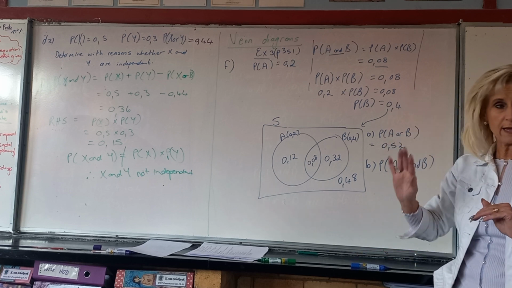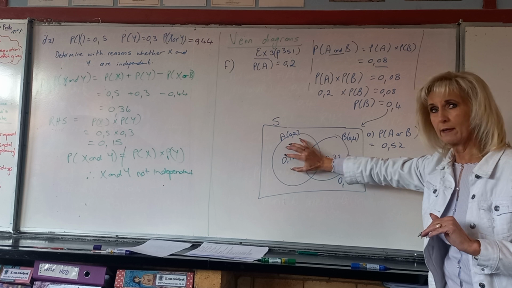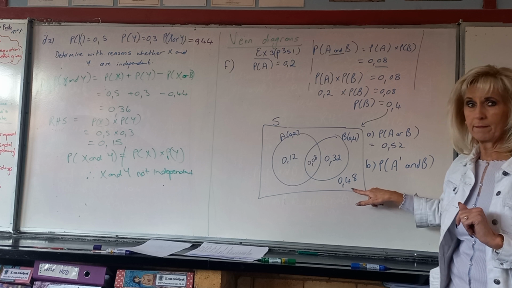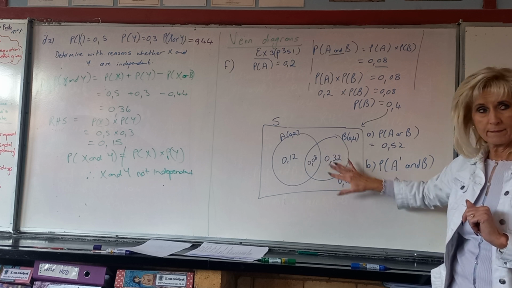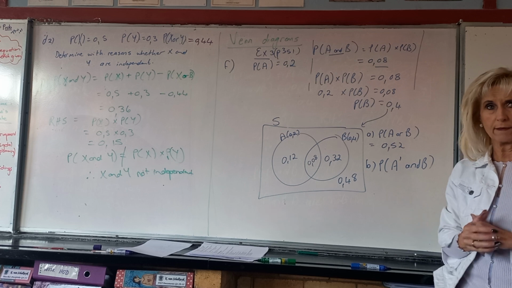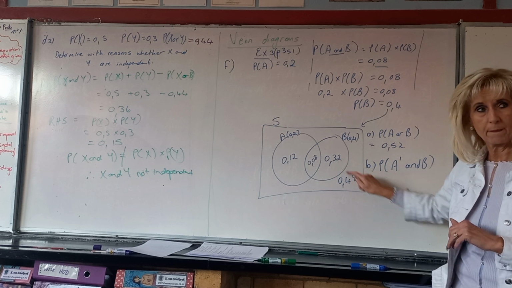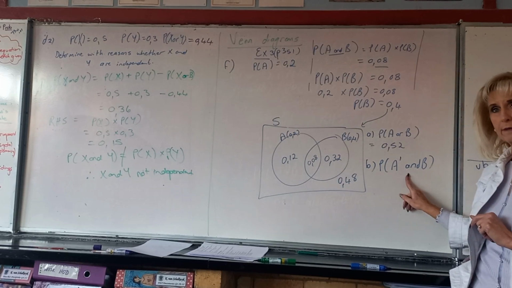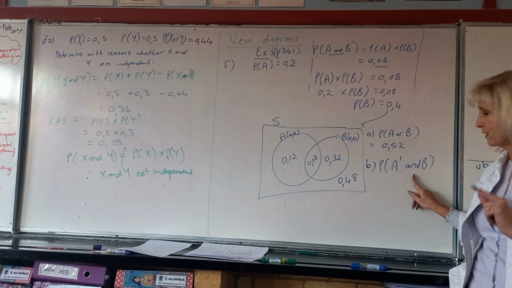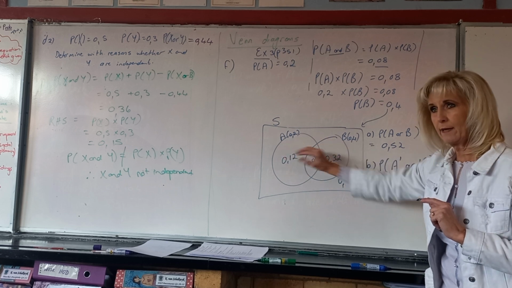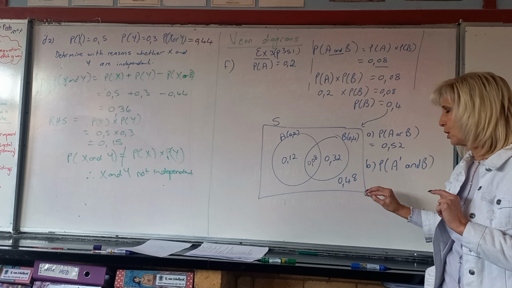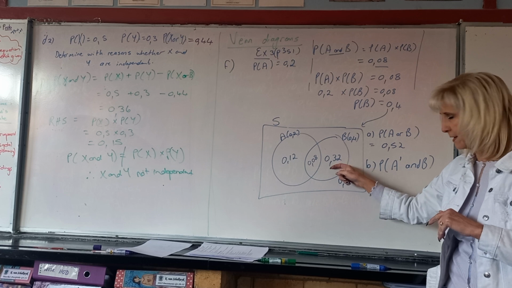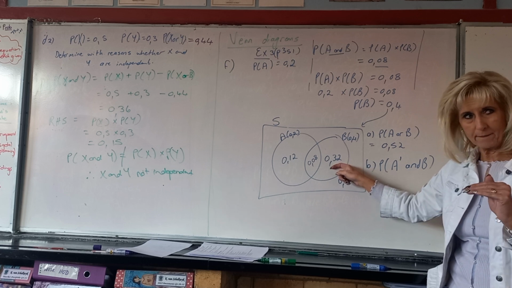Everything outside of A is not A. Probability of not A, where's not A? That's not A. Where is B? There's B. But I'm looking for the and. So I'm looking for the intersection of not A, so it's 0,32, but also B. Where's the intersection? 0,32. Yes.